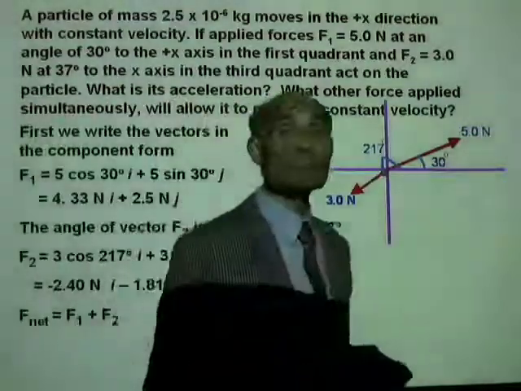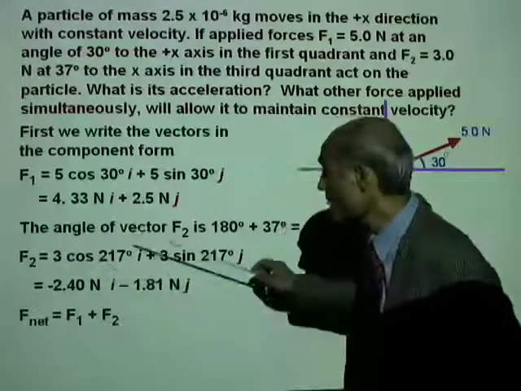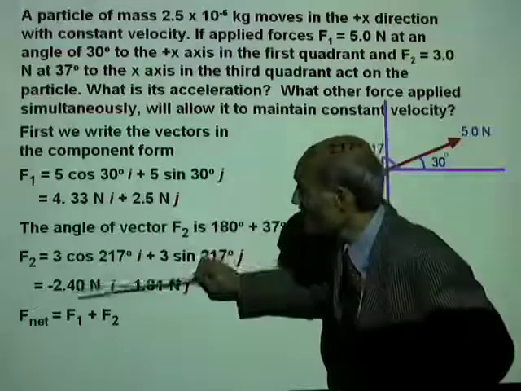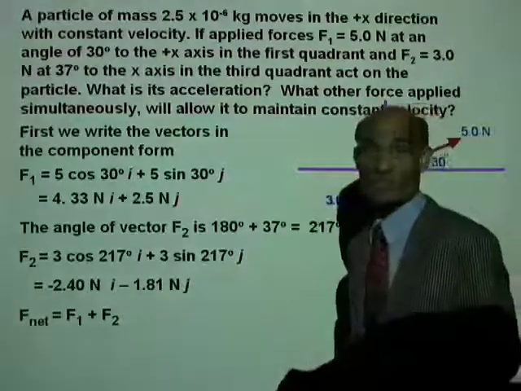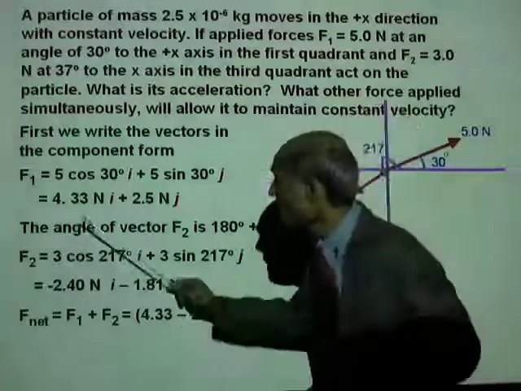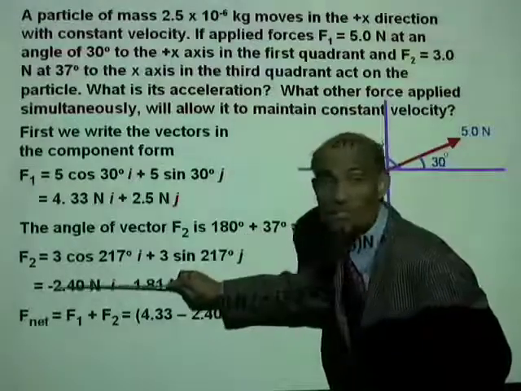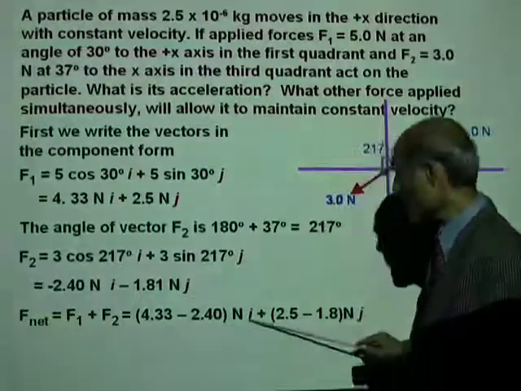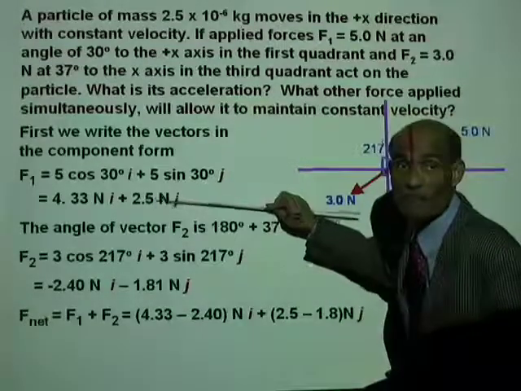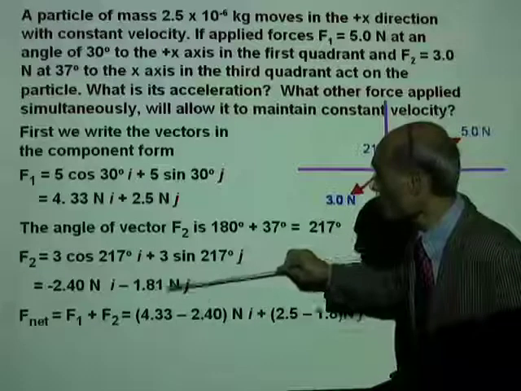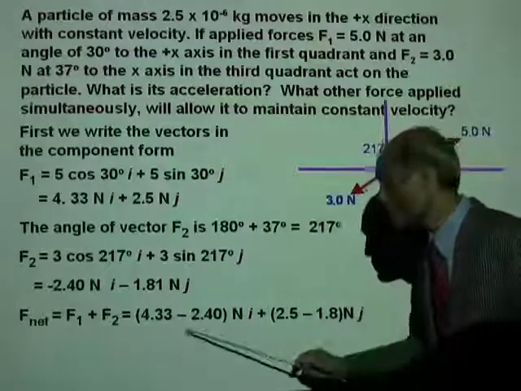Yes. The net force F net is F1 plus F2. So in adding, we add the x components and then the y components. You are familiar with it, is that right? So adding the x component, you get 4.33 Newton minus 2.4 Newton I plus adding the y components 2.5 Newton minus 1.81 Newton J. And this is the net force.